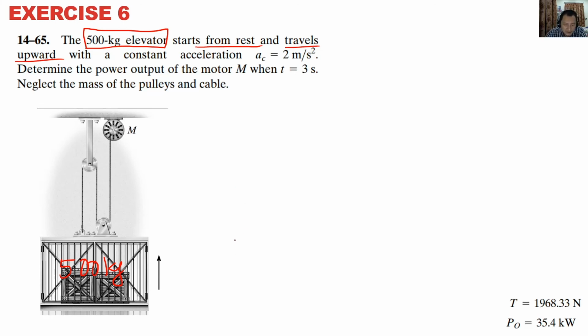Don't forget your free body diagram. Don't forget it. When you have cables, cut them up. So I've got T, T, T. Three T. So this box has 3T going up, and going down is mg.